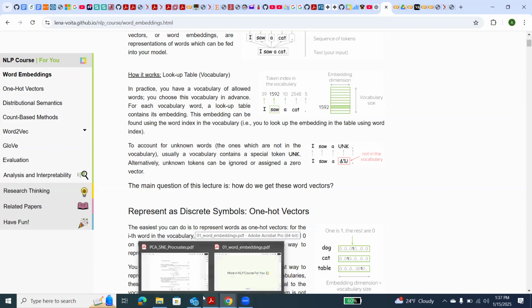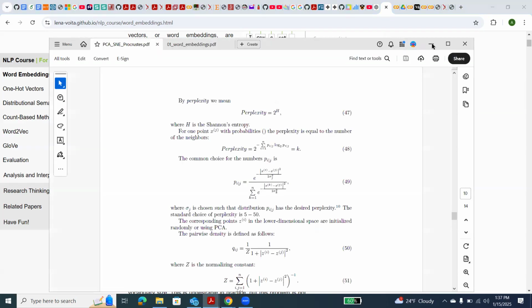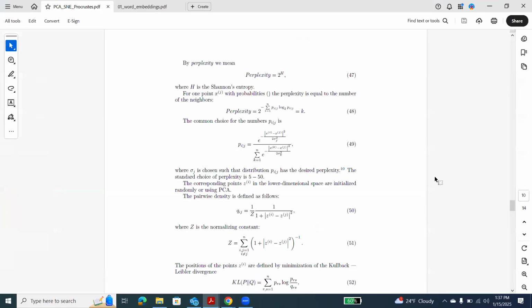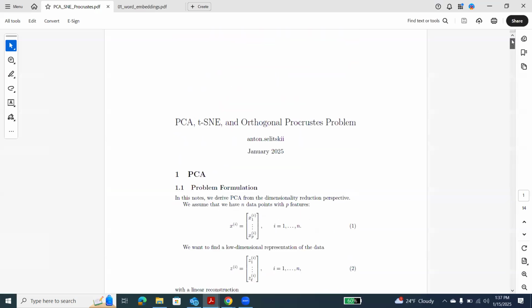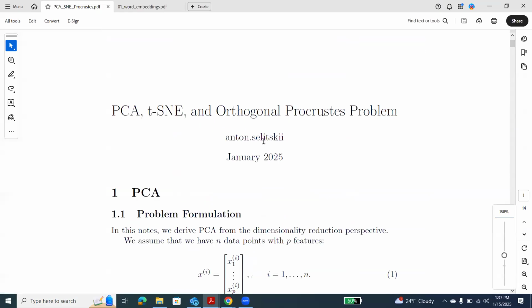I have prepared notes that you will find on the first week. Did somebody take a look at these notes on PCA and t-SNE? No?